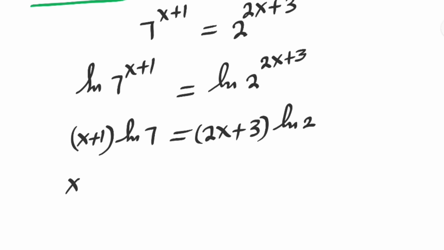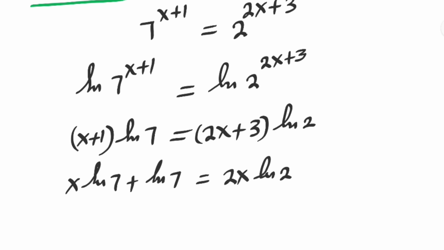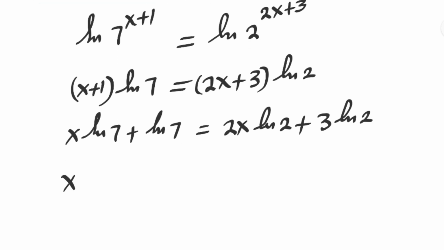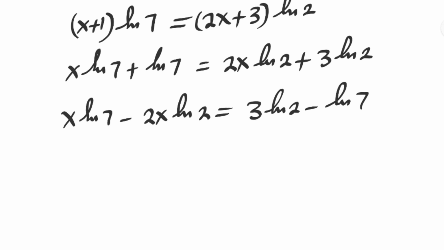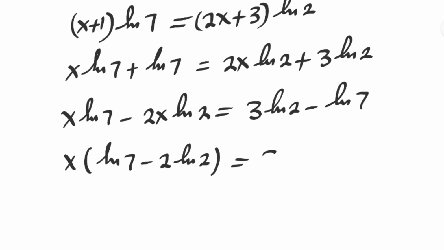Then we have x ln of 7 plus ln of 7 is equal to 2x ln of 2 plus 3 ln of 2. x ln of 7 minus 2x ln of 2 is equal to 3 ln of 2 minus ln of 7. x bracket ln of 7 minus 2 ln of 2 is equal to 3 ln of 2 minus ln of 7.